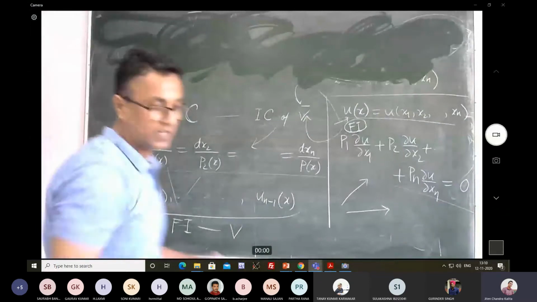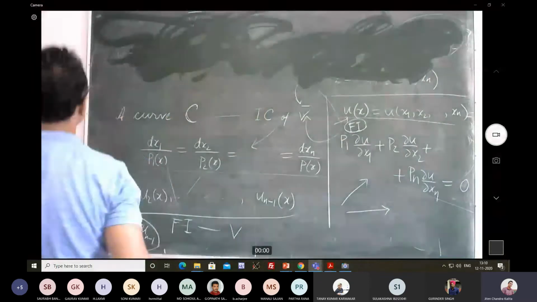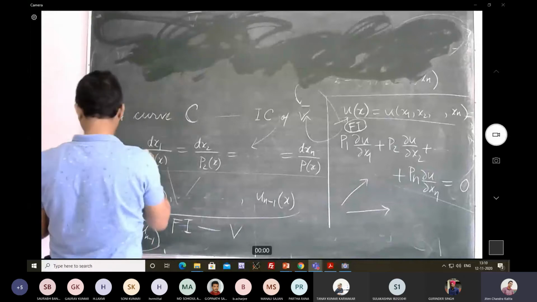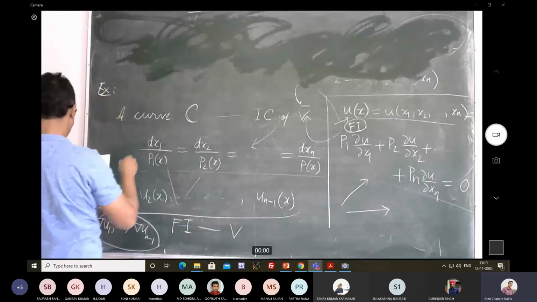Maybe I can write it down first. So this is the exercise: you have to solve this differential equation.